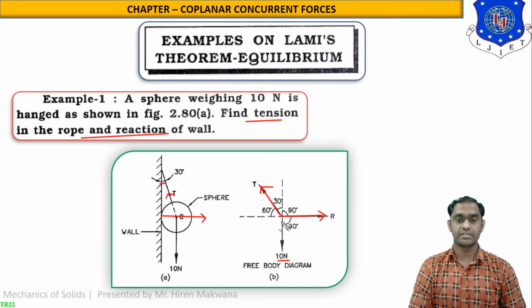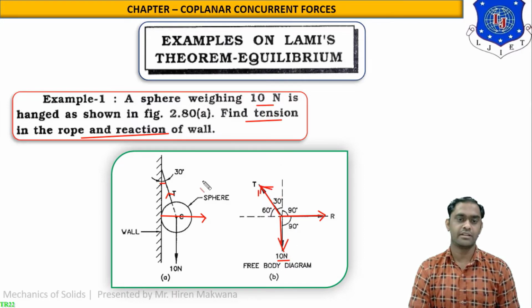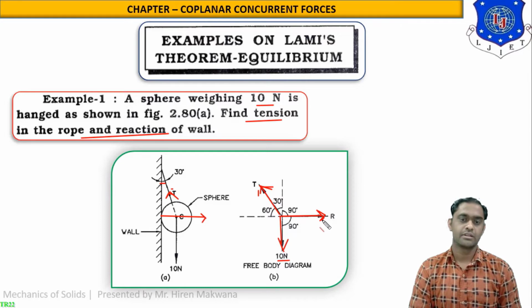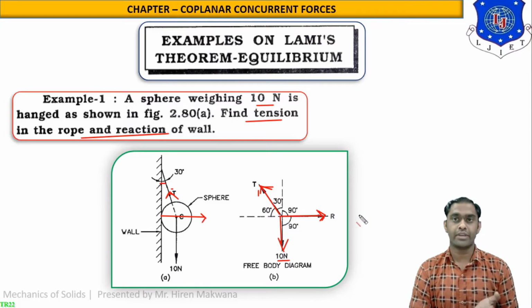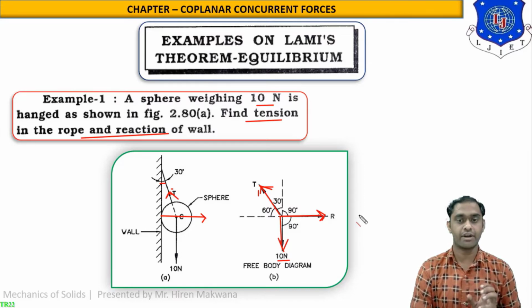So now these three forces: the vertical weight downward of 10 Newton, which is given in the data, the tensile force T, which is always acting upwards in the direction of the fixed point of the rope, and this is the reaction of the wall R. Now we have drawn the free body diagram, that is completed. Now we have to apply LAMI'S theorem in this figure to obtain the required forces.